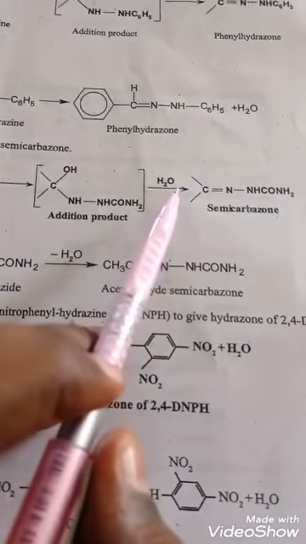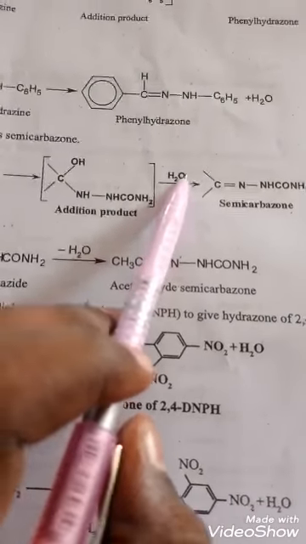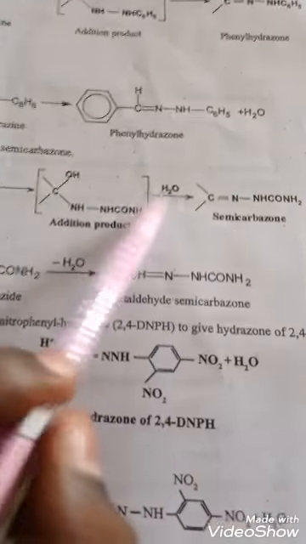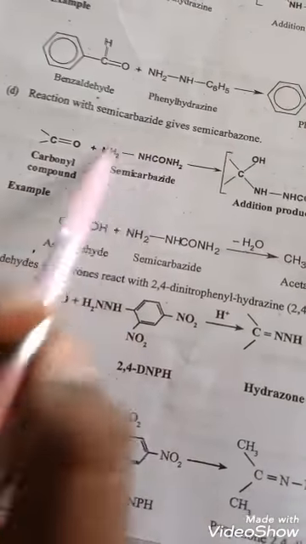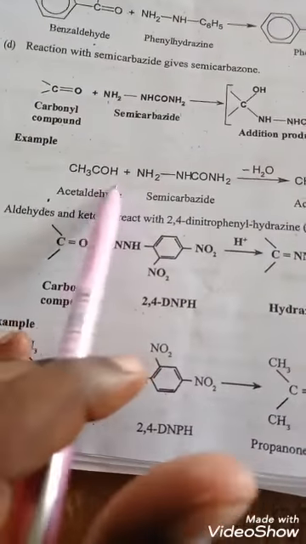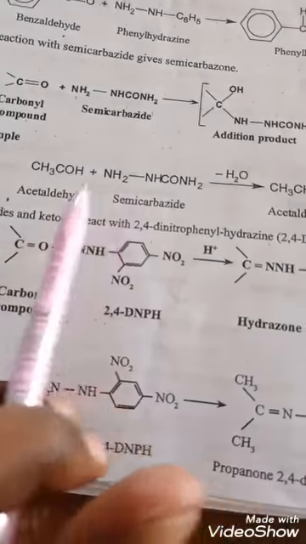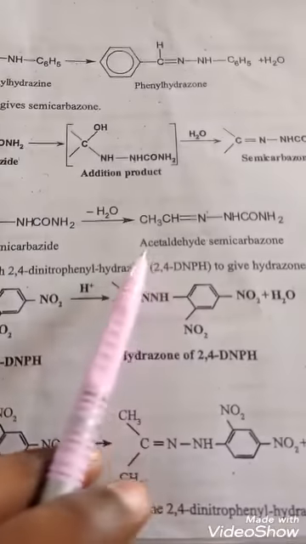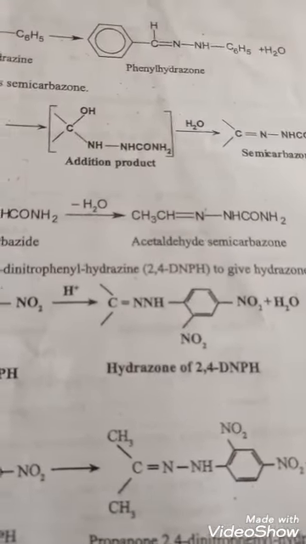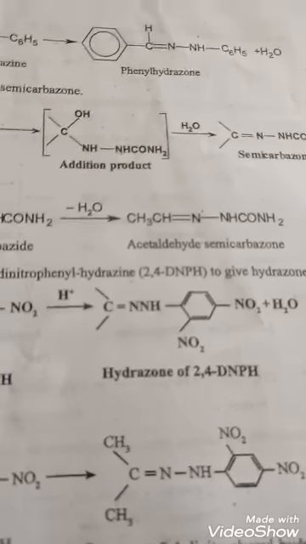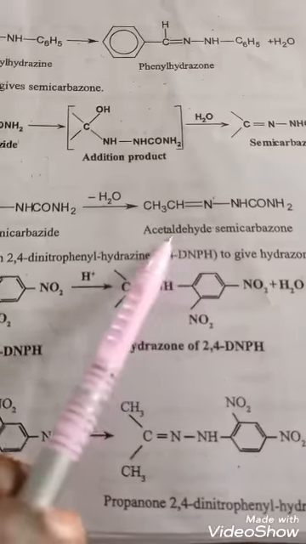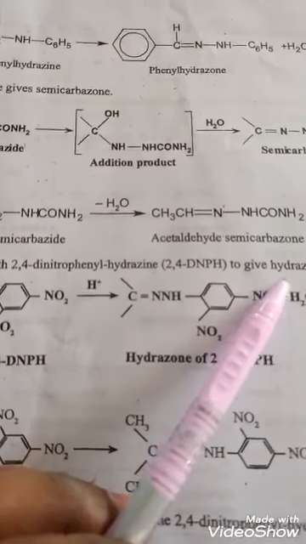With loss of H2O it forms semicarbazone. The structure is different but the idea is the same. Example: acetaldehyde, CH3CHO, with semicarbazide forms acetaldehyde semicarbazone.